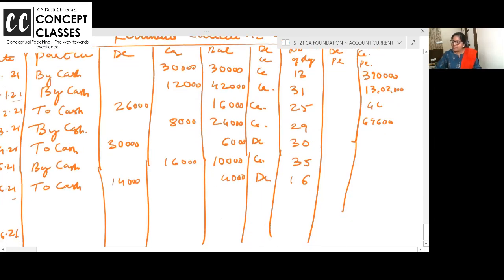And one more, 10,000 into 35, 3,50,000 credit balance.